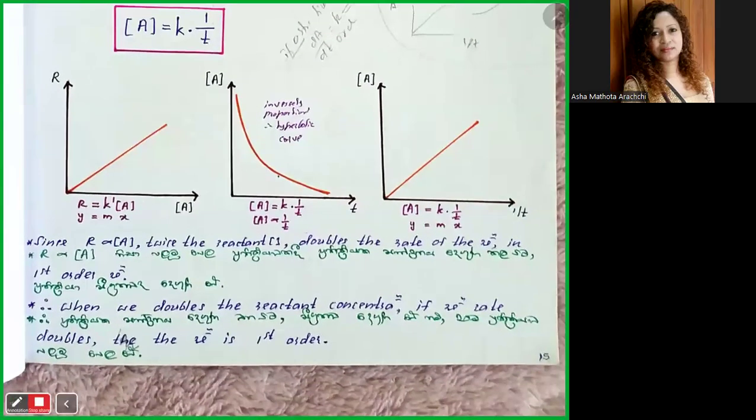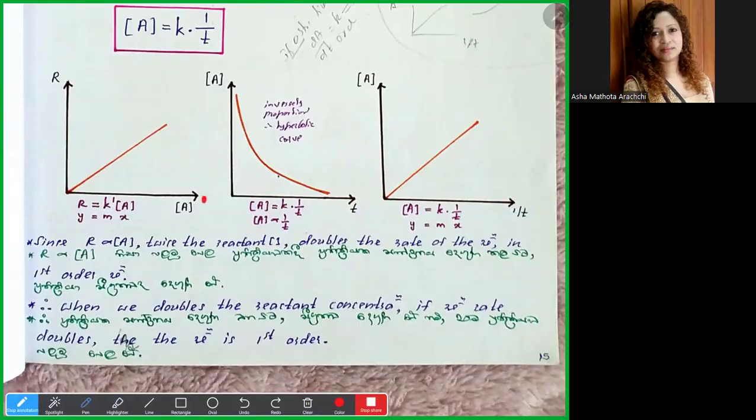And here again, see, when you are increasing the concentration, the rate is increasing just by twofold. Because rate is proportional to concentration, if you make the concentration twice, the rate also becomes twofold. If the rate becomes twice when you double the concentration, then what is the order?